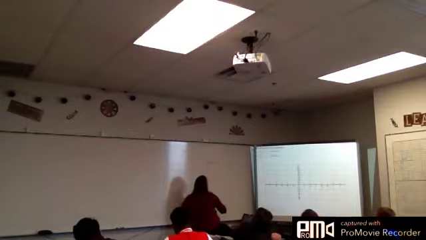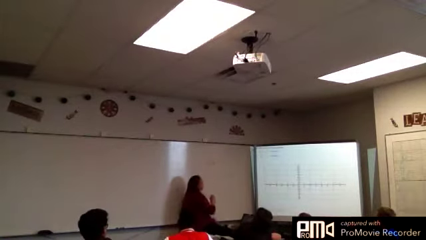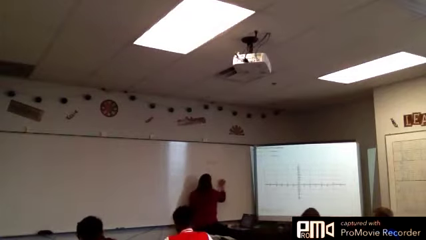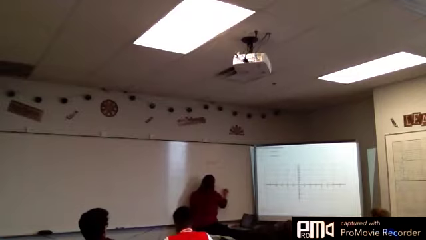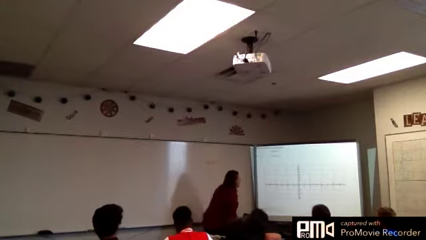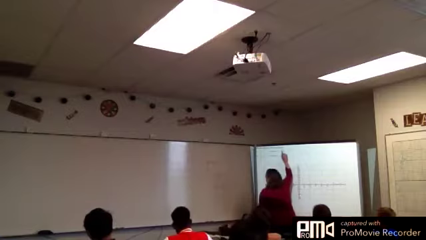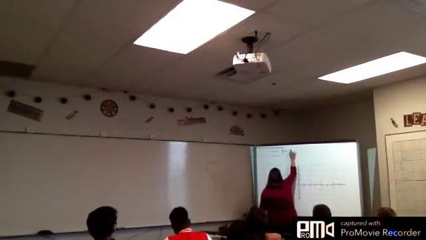Yes. 3y is less than negative 2x plus 6, yes? Now what do I do? Divide by 3, beautiful. And you get y is less than negative 2/3 x plus 2. Okay. So that equation changes to y is less than negative 2/3 x plus 2.